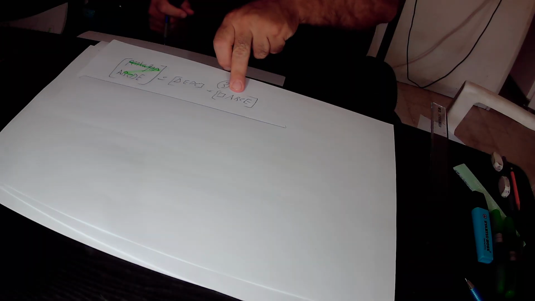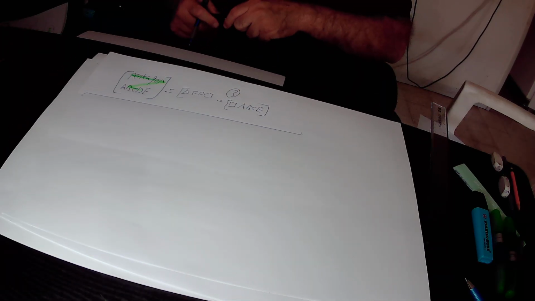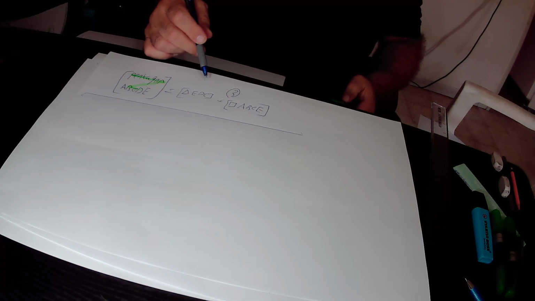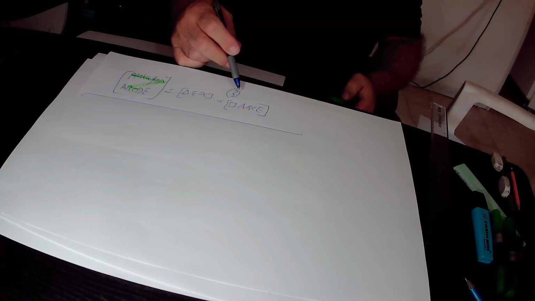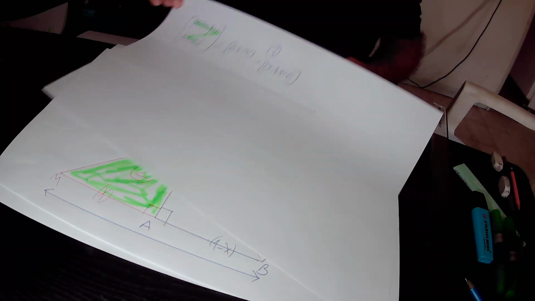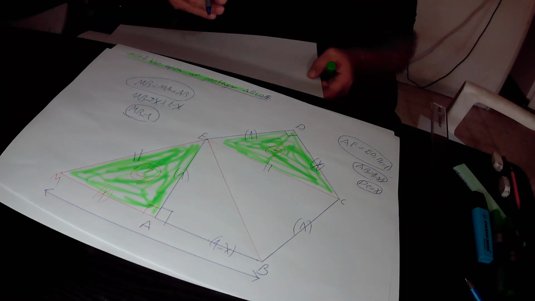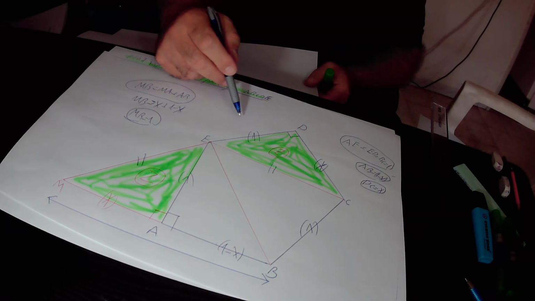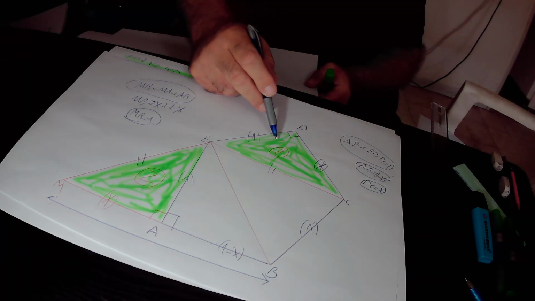The area of the big pentagon ABCDE must be equal to the sum of the areas of the two shapes that it consists of. That is to say, it must be equal to the area of the green triangle EDC plus the area of quadrilateral ABCE. We already found out that the area of this triangle EDC equals Z, correct?